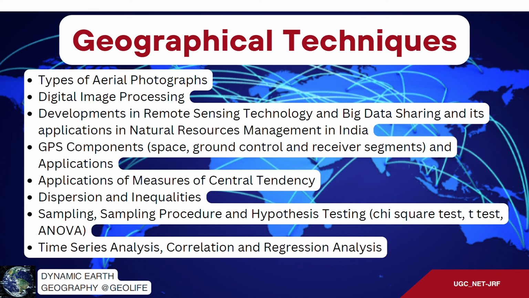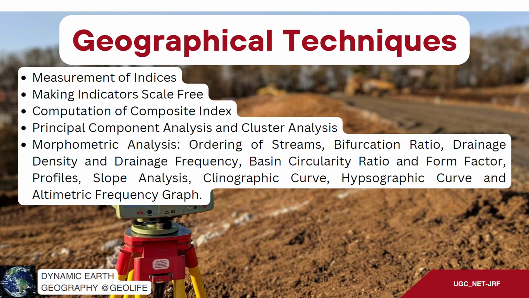Then dispersion and inequalities, then sampling procedures and hypothesis testing like chi-square test, t-test, ANOVA test, and finally the geographical techniques unit will end up with time series analysis, correlation, and regression analysis. And it also includes measures of indices, then making indicators, scale factors, computation of composite index, principal component analysis, and cluster analysis.